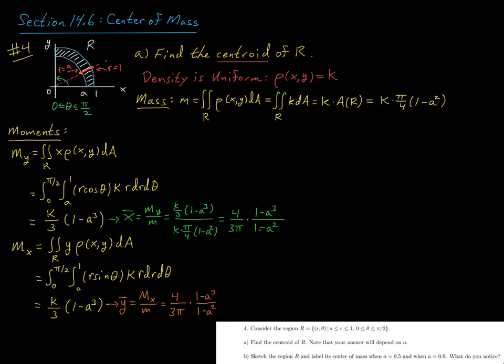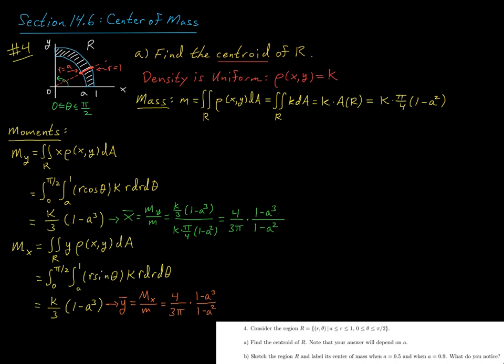Now for the x moment, it's pretty similar. We integrate y times the density over the region R, and y in polar is r sine theta. When you compute this integral, you get this same quantity. For y bar, you take that x moment and divide it by the mass, and we get the same coordinate as we got for x bar.